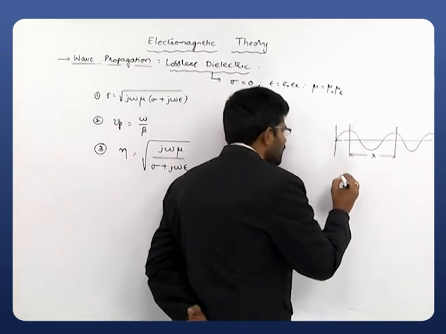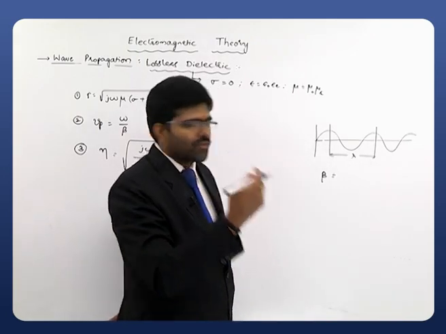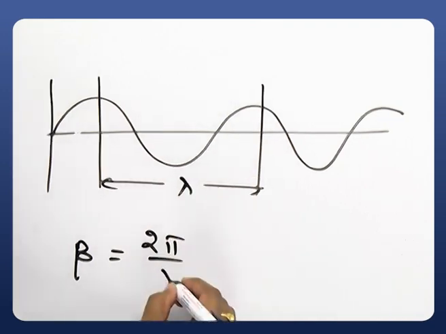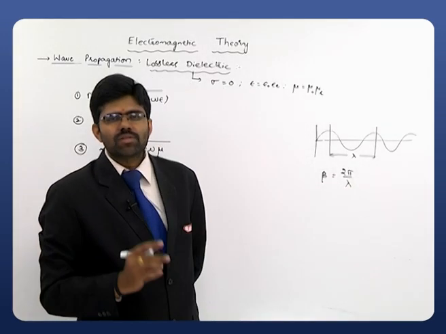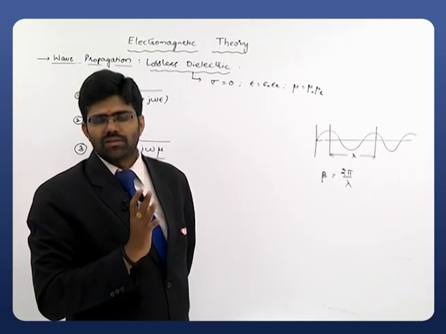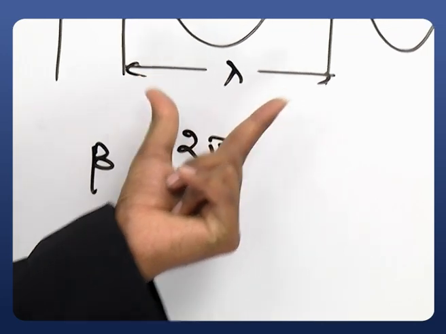So the phase constant now comes into the picture, that is beta. How much phase shift was attained? A 2 pi phase shift was attained, for which distance? For lambda distance. The phase constant is the phase shift per length, so radian per meter. The phase shift attained for this particular distance lambda is 2 pi.